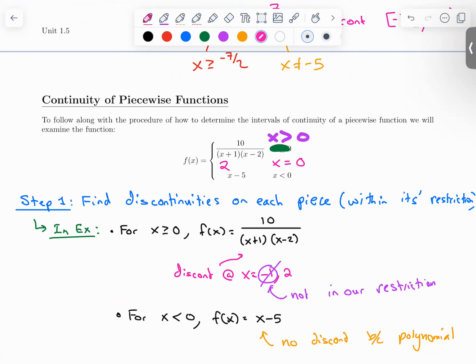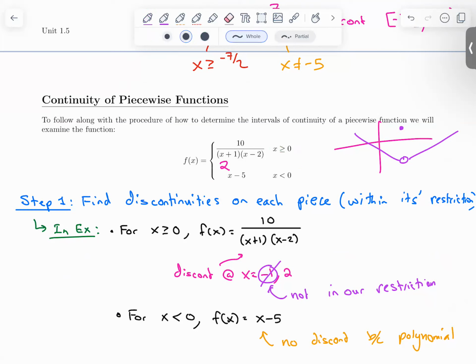Then the function ends up looking like this: you have -5 right here, and then 2 up here. You'd have a limit that exists, but f of 0 is equal to 2, and they would not equal the same thing. So that is why we need to be careful and check to make sure. Most of the time it ends up just working out, but that's besides the point.